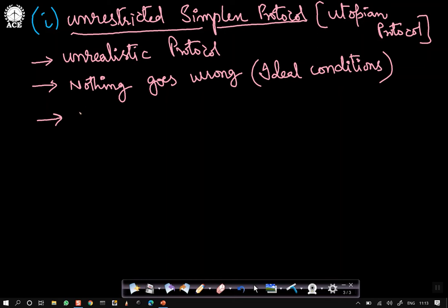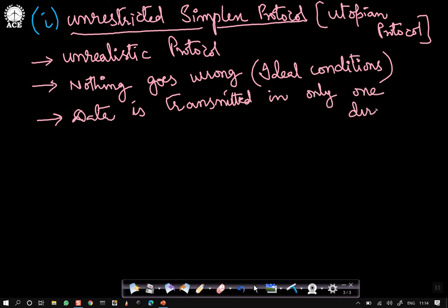And because it is simplex, data is transmitted in only one direction. Whatever data is sent by the sender will definitely be received by the receiver without any loss.